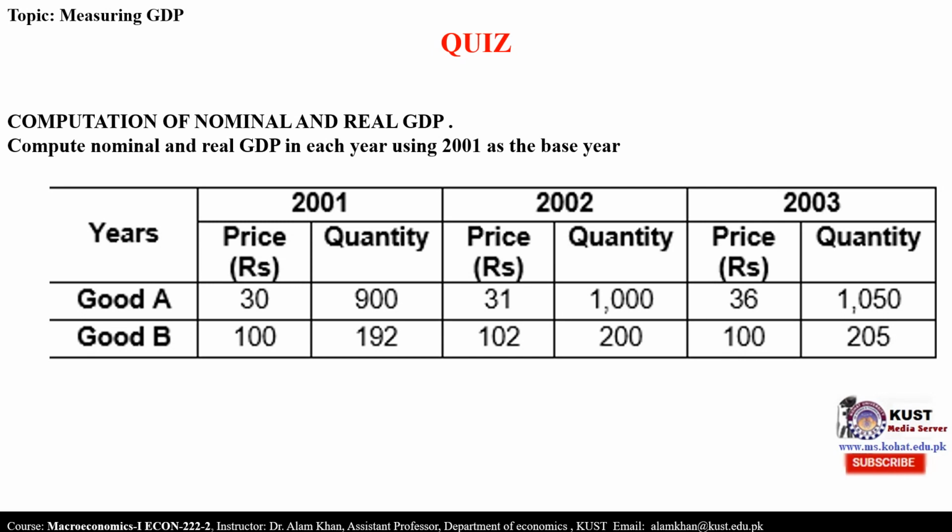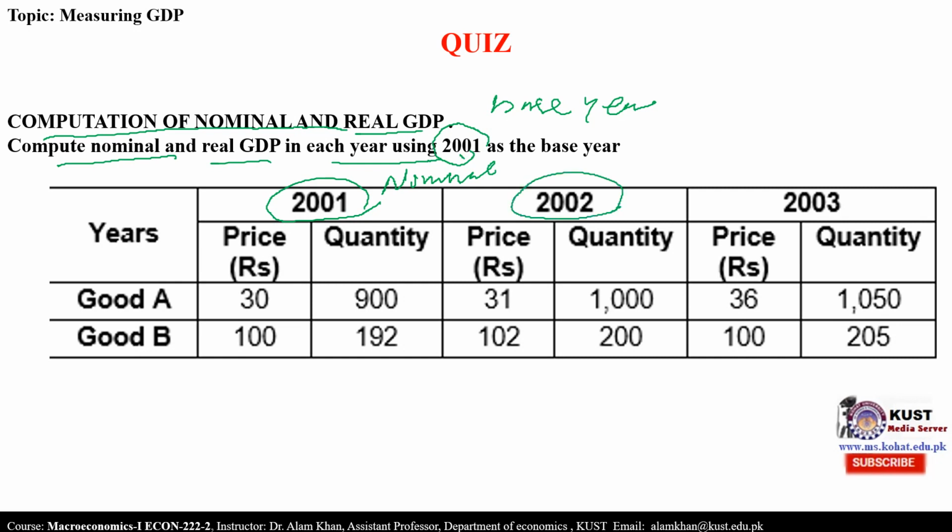For practicing at home, there is one question that can be calculated. Compute nominal and real GDP in each year using 2001 as the base year. So the students should be advised to calculate 2001 nominal GDP, 2002 nominal GDP and real GDP, 2003 nominal GDP and real GDP.